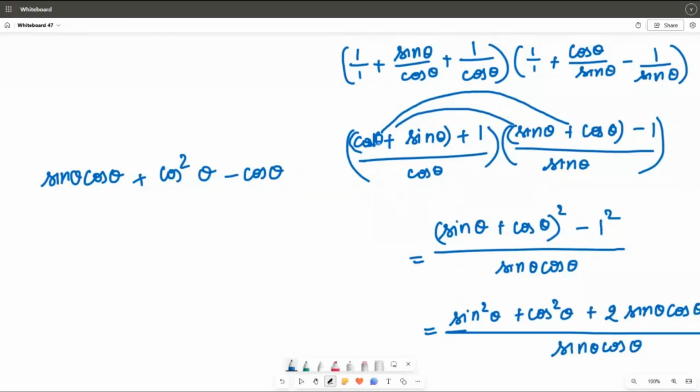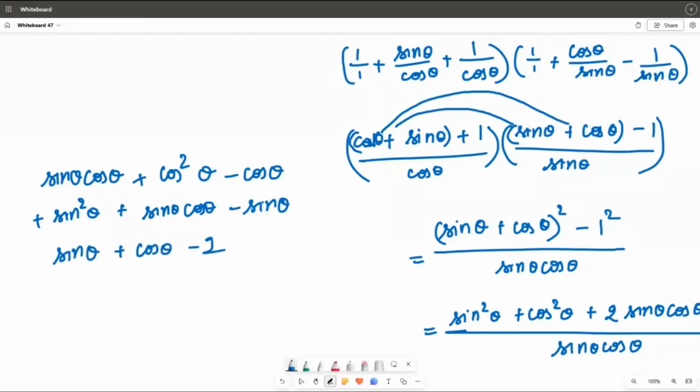Then sin multiplied with sin is plus sin square theta, and plus sin into cos is sin theta into cos theta, and sin theta into minus 1 is minus sin theta, and then we have 1 into sin theta, 1 into cos theta, and 1 into minus 1. So that would be sin theta plus cos theta into minus 1.